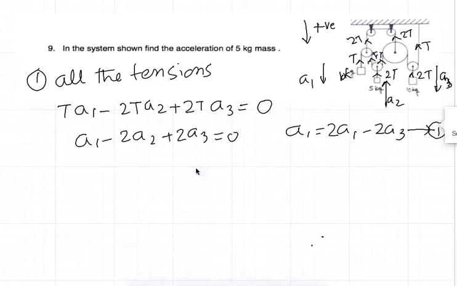Now equation 2 is pretty simple. We'll take this as a system. This system is going downward, so the downward force is 100 Newton, since 10 kg means 100 Newton, minus T equal to 10 a1. That is our second equation.